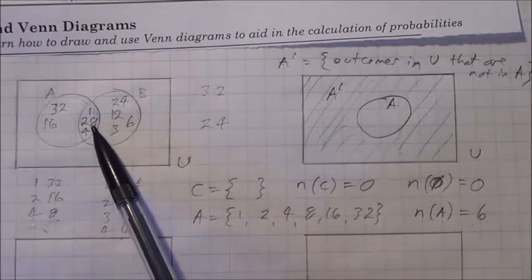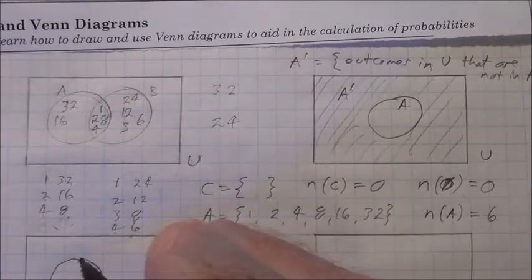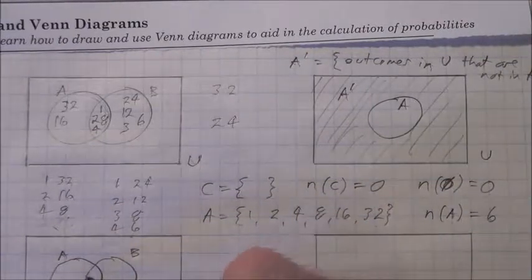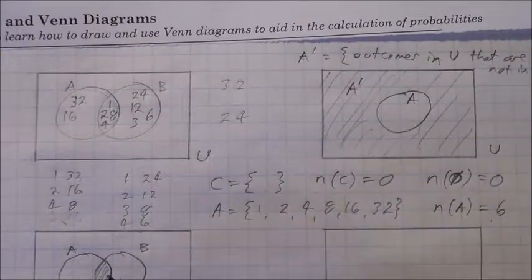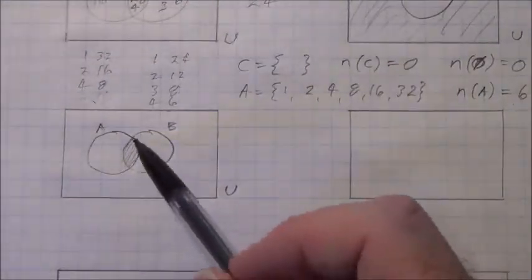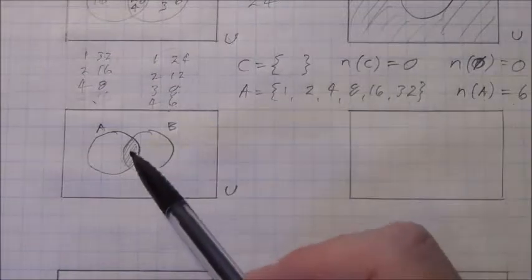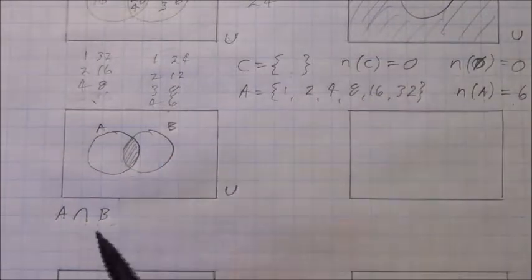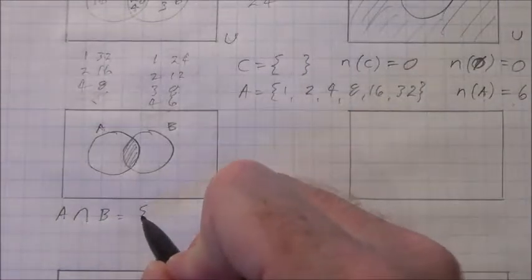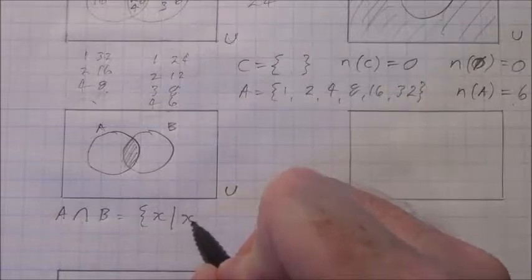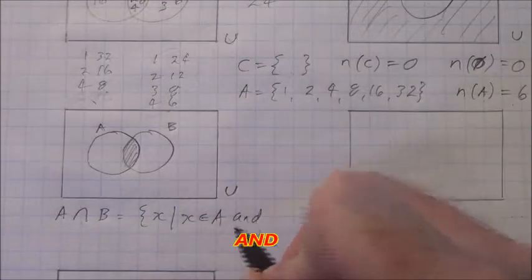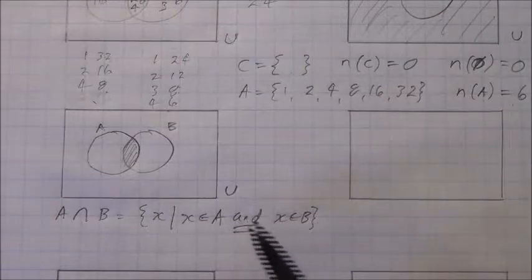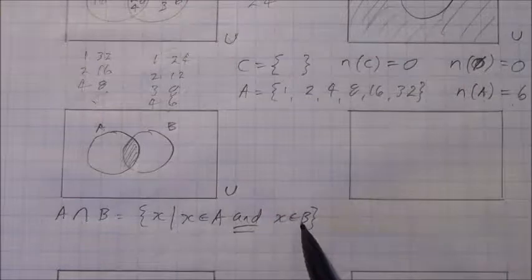We've already mentioned the intersection of sets. Intersection of sets is where two sets have overlapping outcomes, and we could shade this to demonstrate that the intersection is the part of the set that's contained in both A and B. The intersection is shown by this symbol, and that's some element x such that x is an element of A and x is an element of B. As I mentioned in past videos, mathematically, "and" means it has to be in both A and B at the same time.